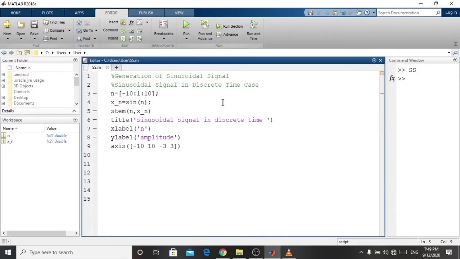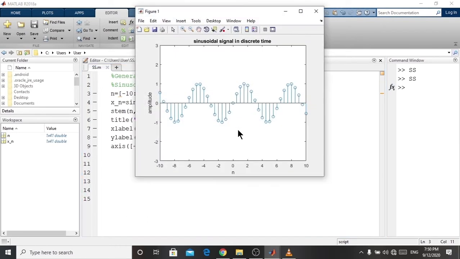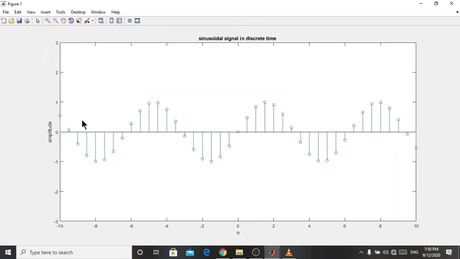For that I am going to change this 1 to 0.5 and run the code. Now let's observe how the graph will look like if we decrease the sampling period. Now we get more number of points and now it will look like a sine wave.